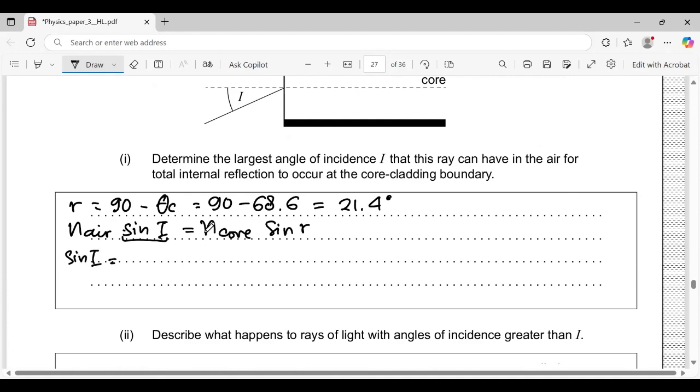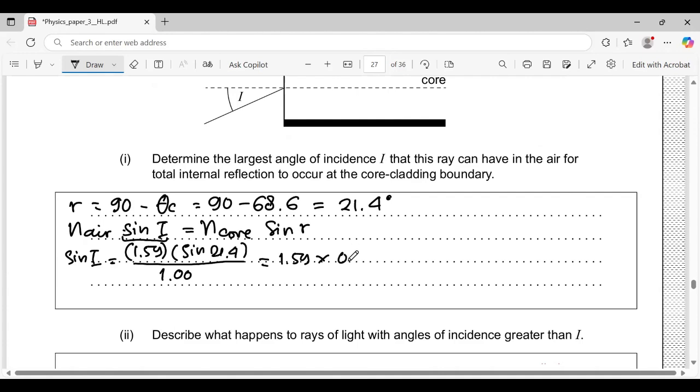So sine I equals n core times sine R, which is 1.59 times sine 21.4, over n air, and air is 1.00.